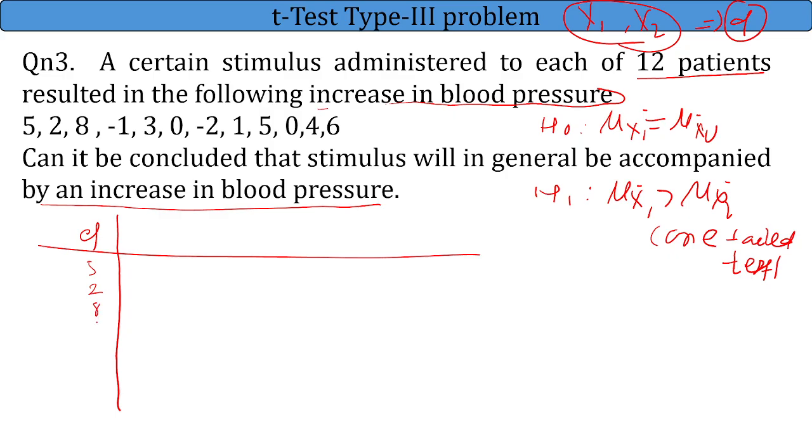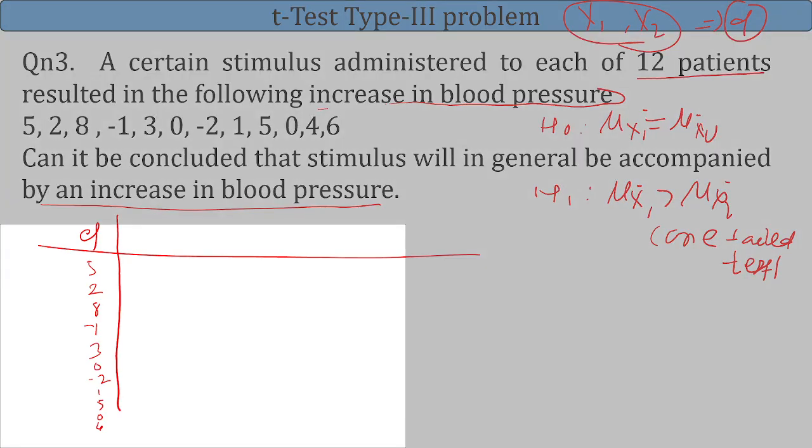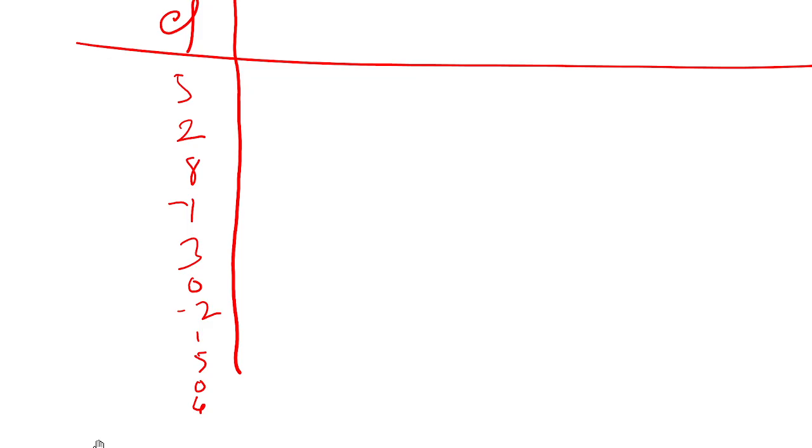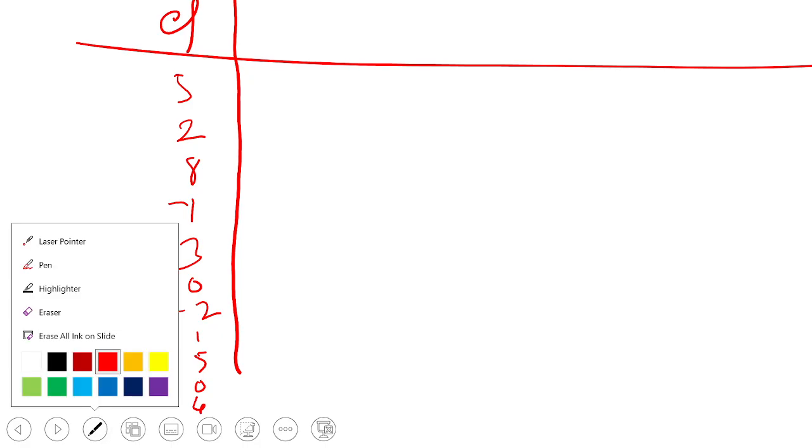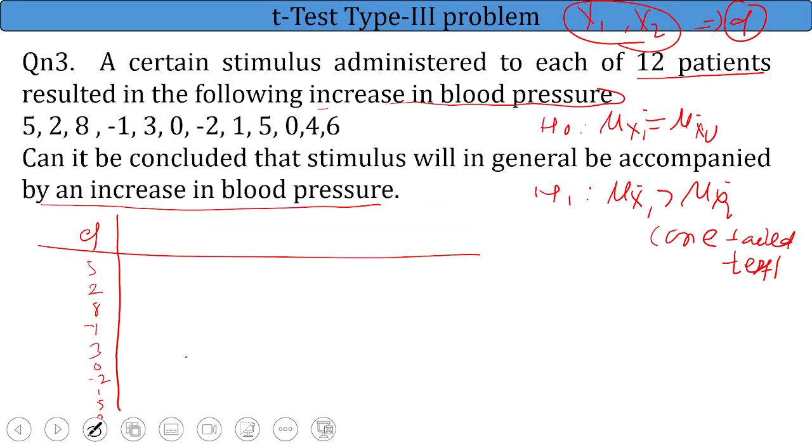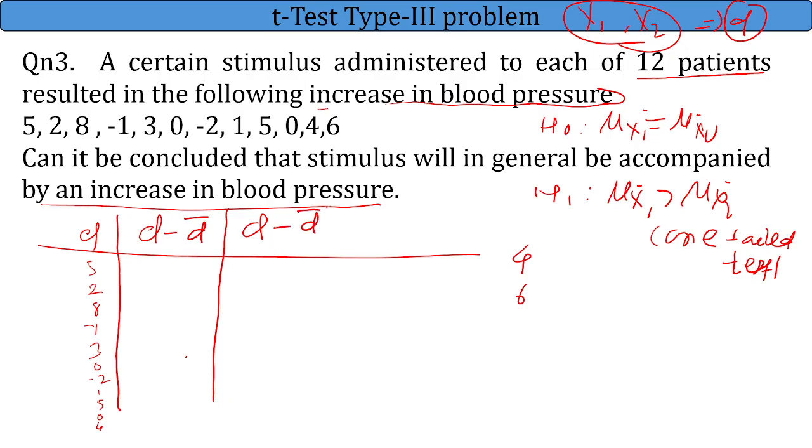The values are 5, 2, 8, minus 1, 3, 0, minus 2, 1, 5, 0, 4, 6. From D minus D bar we can calculate D minus D bar whole square. How will we get D bar?